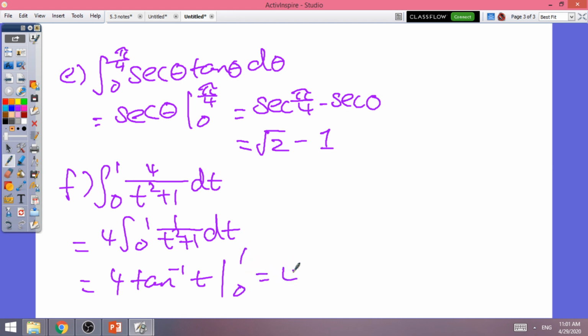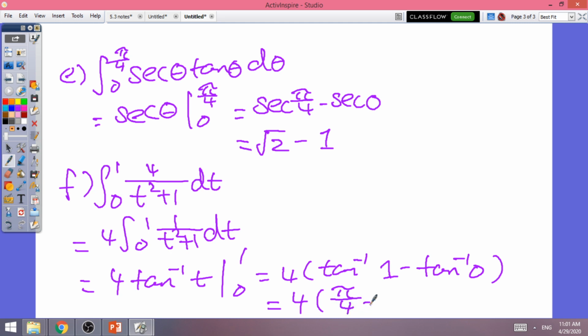So this one is 4 times inverse of tangent of 1 minus inverse of tangent of 0. So inverse of tangent of 1 is pi over 4, and inverse of tangent of 0 is 0. Simplified, 4 times pi over 4, so we do have pi.